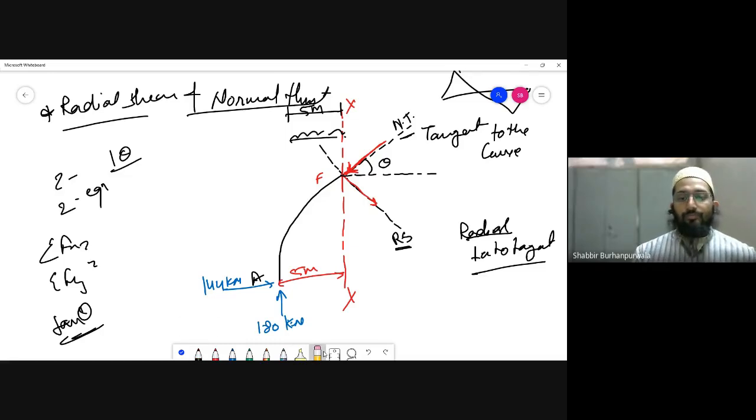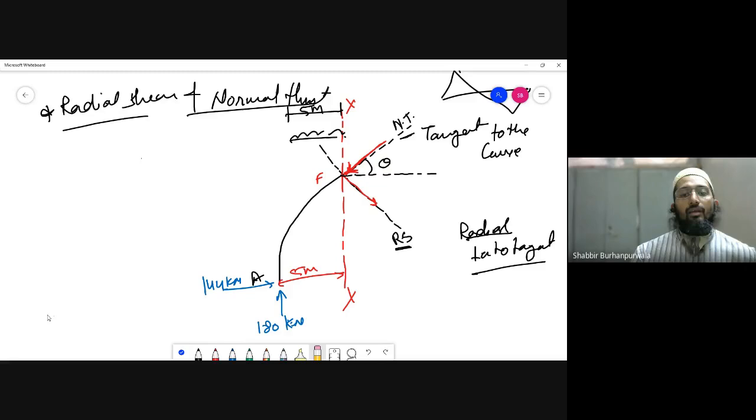Let us see how we can get the value of theta. Tan theta is equal to dy by dx, which is d by dx of y.